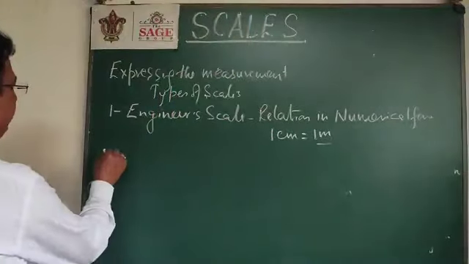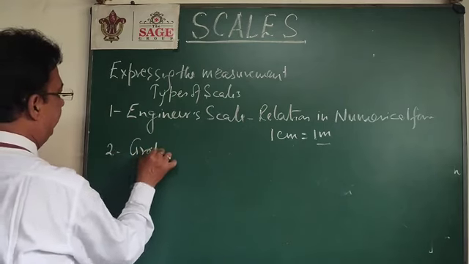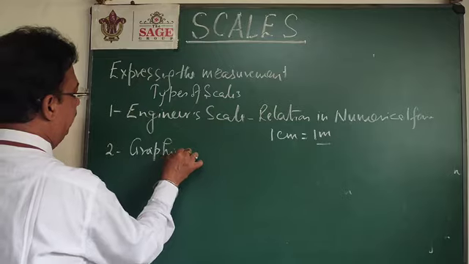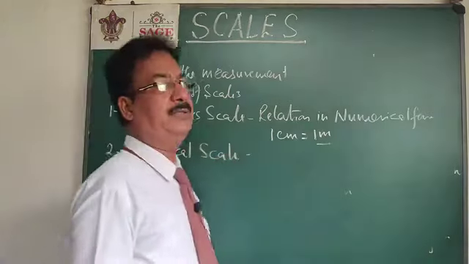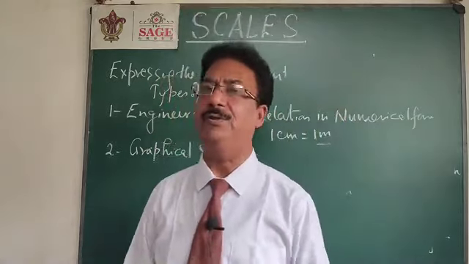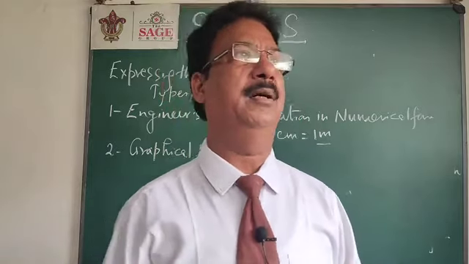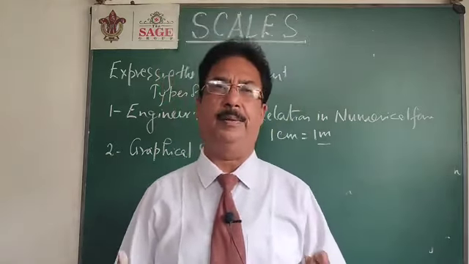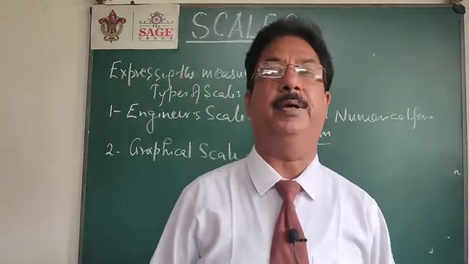Another way to express the scale is known as graphical scale. Actually, this graphical scale was most of the time used earlier by civil engineers. In the earlier days, whenever we drew drawings and geographical maps, the medium for drawing was paper or maybe cotton paper.